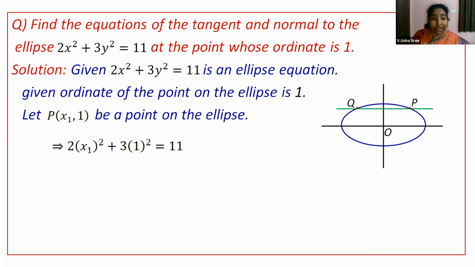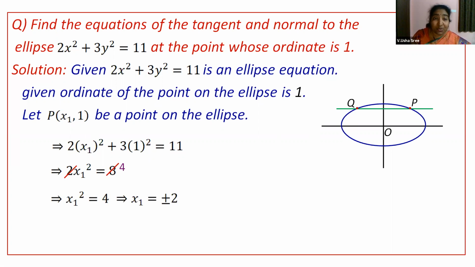Okay, so you have it as 2x1 square plus 3 into 1 square is equal to 11. 3 into 1 is 3. 11 minus 3 gives you 8. So 2x1 square is equal to 8. That means x1 square is equal to 4. All right. This implies x1 is equal to plus or minus 2.